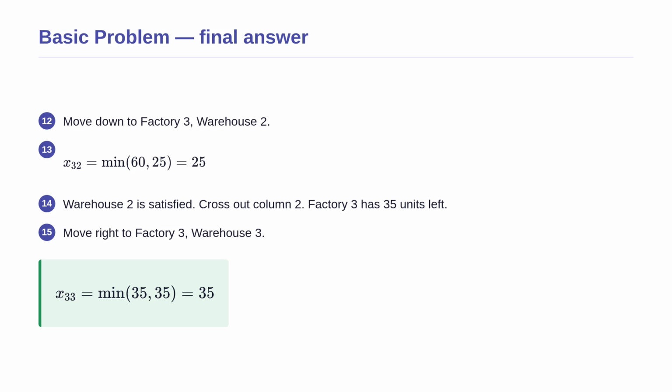We move right to our final cell. Miraculously, Factory 3 has 35 units and Warehouse 3 demands exactly 35 units. We allocate the final 35 units. Both remaining supply and demand drop to zero simultaneously. This perfect match always happens at the end of a balanced problem. We have successfully found our initial shipping plan.